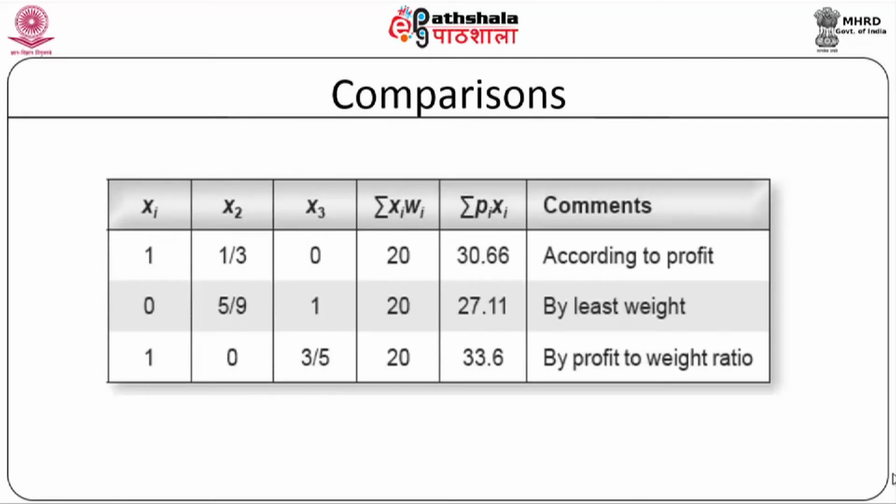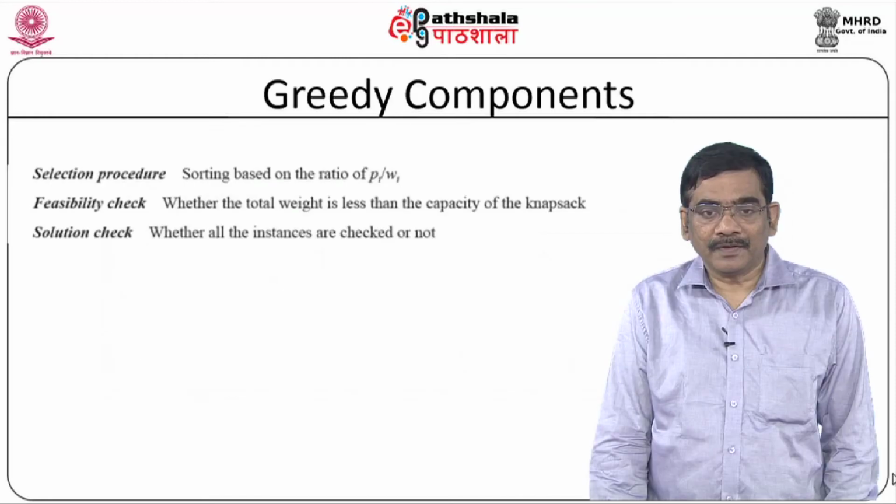So, this is a comparison table. You can see that according to the profit it is coming as 30.66, by weight it is coming as 27.11, and by the ratio of profit to weight it is coming as 33.6. So, now you can come to a conclusion that the best criterion for selection of item is the ratio of the profit to weight.